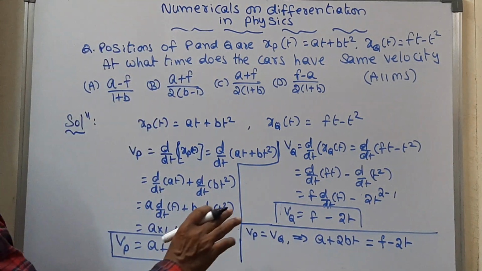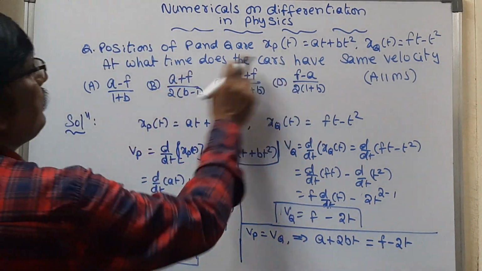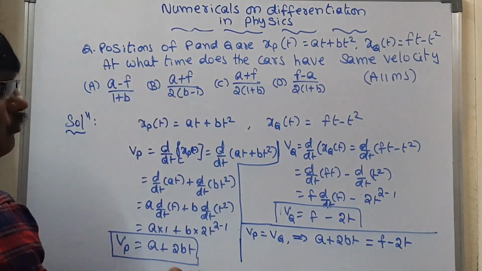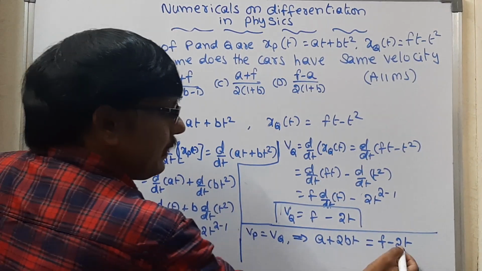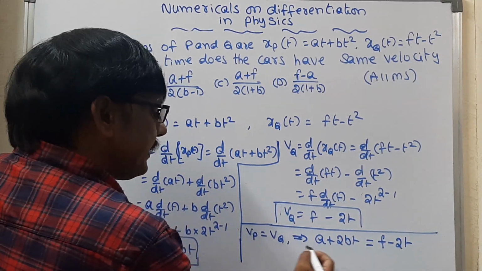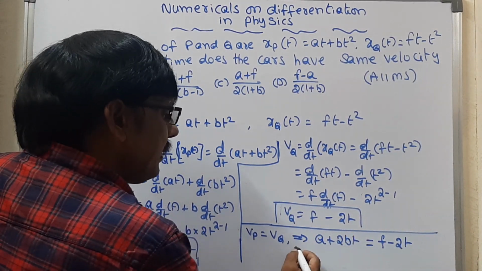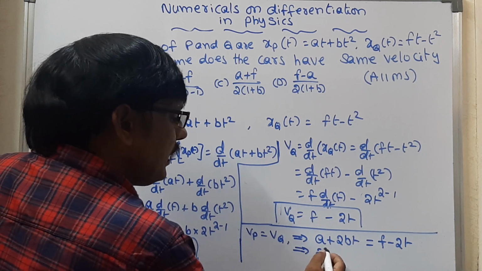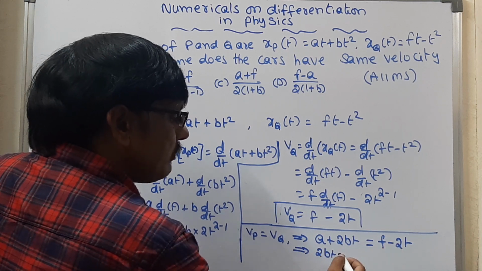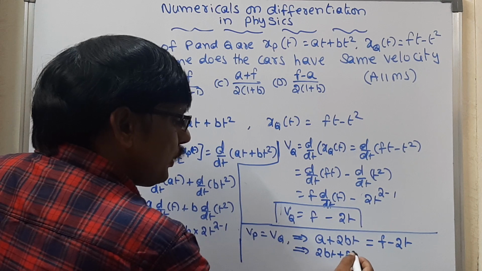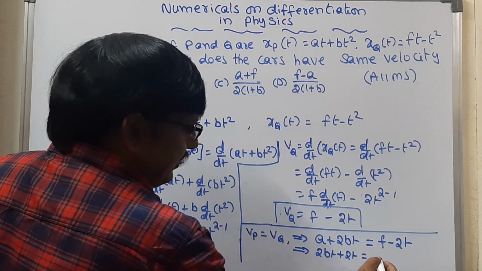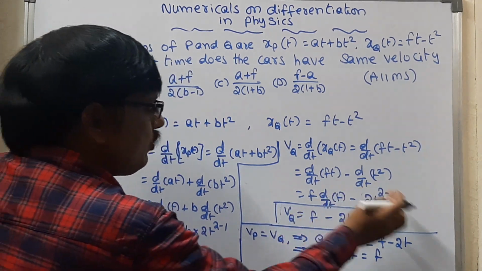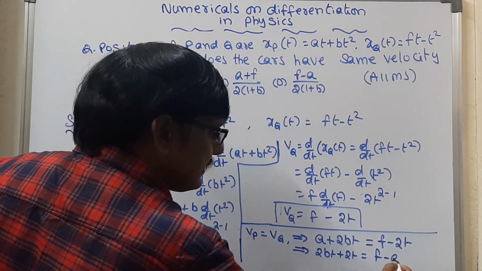Now we have to find at what time t. So let us take all the t's to one side. Let's bring this minus 2t to this side and send a to the other side. Then 2bt plus 2t is equal to f minus a.